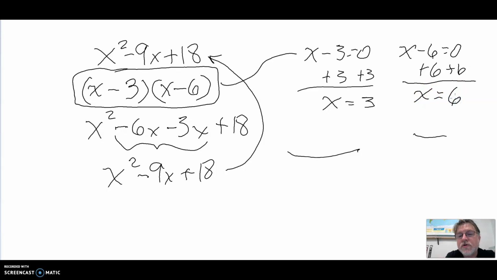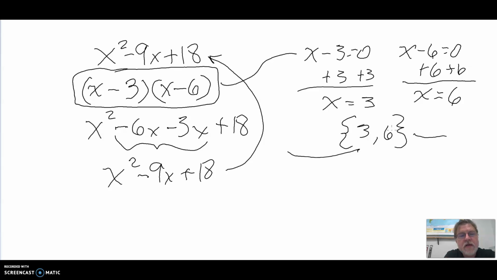And so your two solutions are 3 and 6. And this gives us a way to do it without going all the way through the quadratic formula. If it's one of the quadratics that it works with, then it's a little easier, a little faster, and you're able to get it done in a more timely manner.